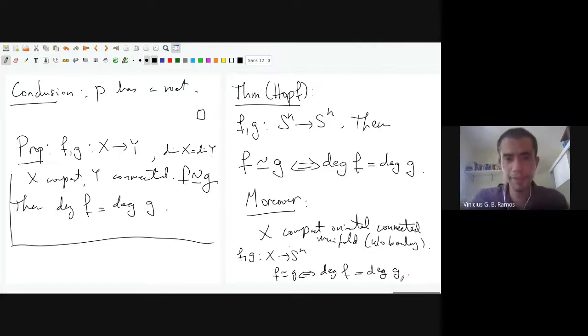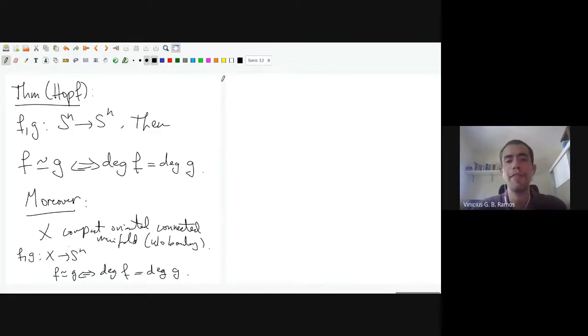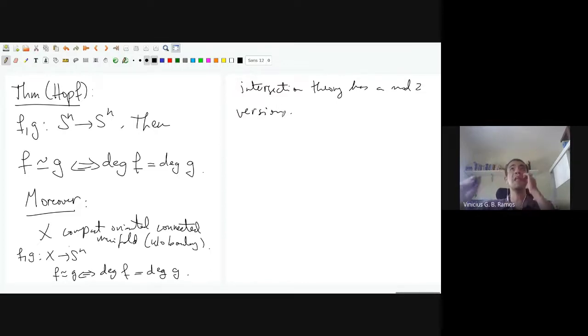And the other thing I should say is that this whole intersection theory has a mod 2 version, which we'll actually talk about next time. But I didn't want to start with that and kind of redo everything. So the intersection theory has a mod 2 version, which is basically, you don't orient anything, you don't assume anything is oriented, but you assume everything else.